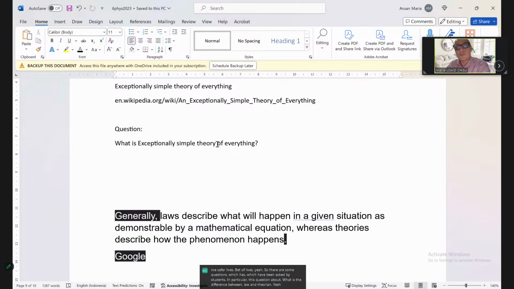A theory can include many laws. Laws describe what will happen in a given situation, as demonstrable usually by a mathematical equation, whereas theories describe how the phenomenon happens. So theories are usually more general. That's from Google.